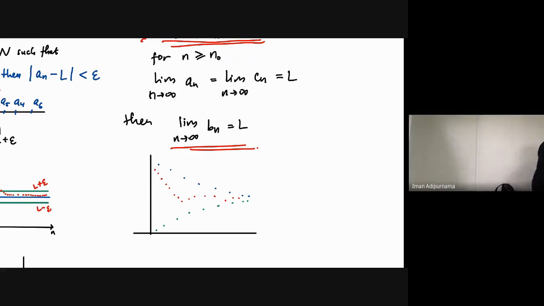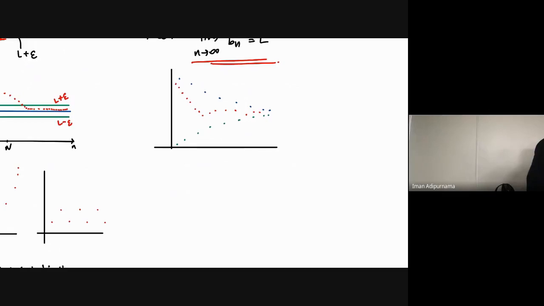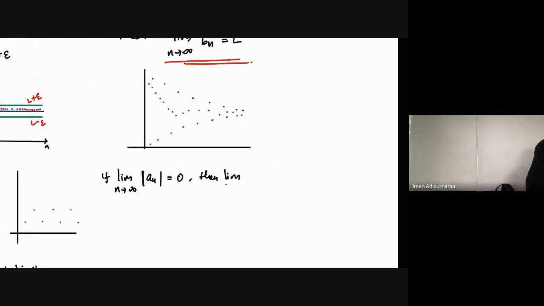Okay, this is the squeeze theorem, and then another theorem: if the limit as n approaching infinity, if this is 0, then is also 0. Okay, the absolute value.